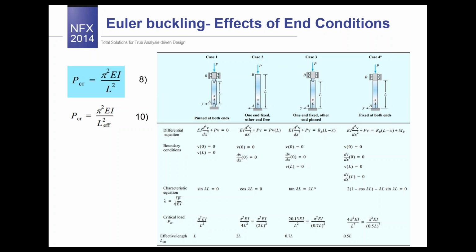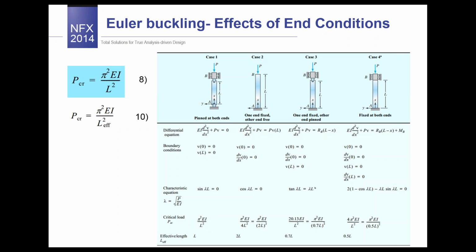What is important for this slide is that equation number 8 is applicable only to simply supported columns. However, the process used to obtain the formula can be used for other types of supports. This table shows the critical elements in the derivation process and the results for three other supports.